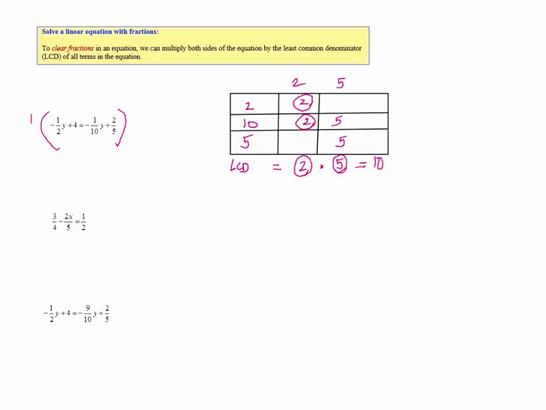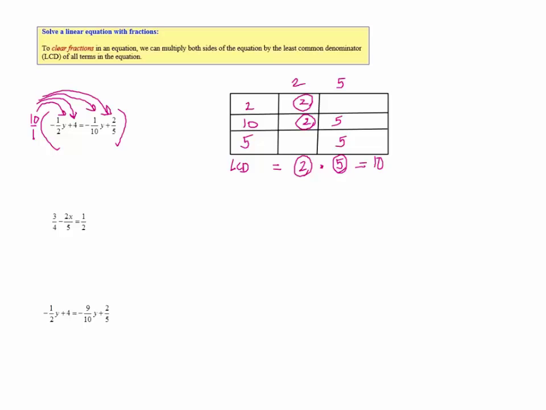Or we can write it like this, 10 over 1. So each term, even this 4 here, should get multiplied by 10 to eliminate the fraction. Because the first term becomes what? What is 10 times 1/2?